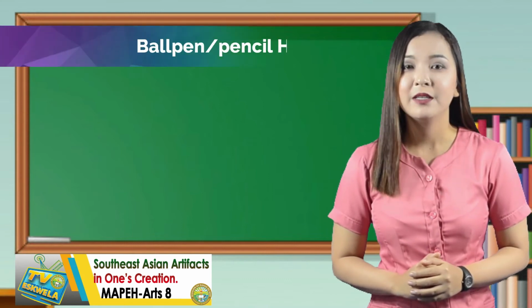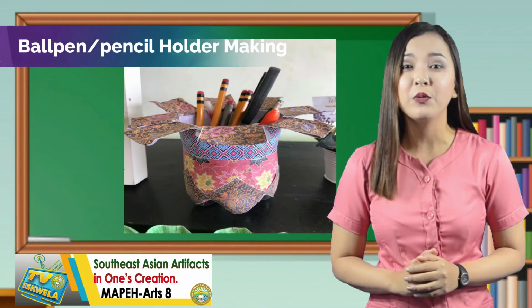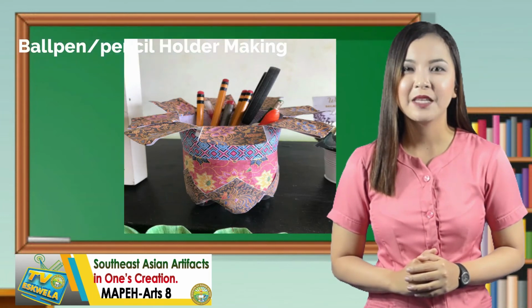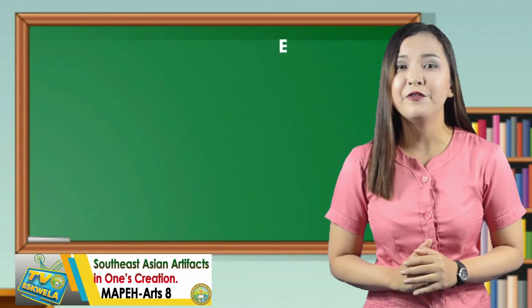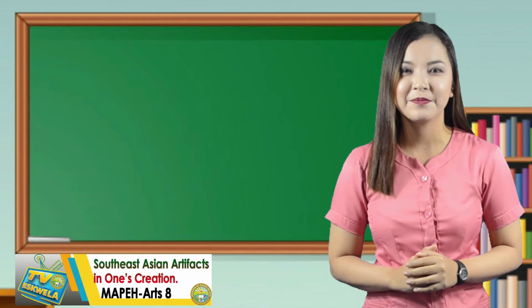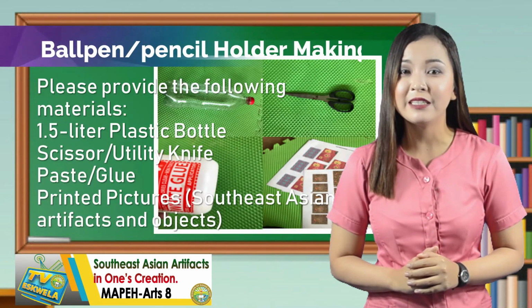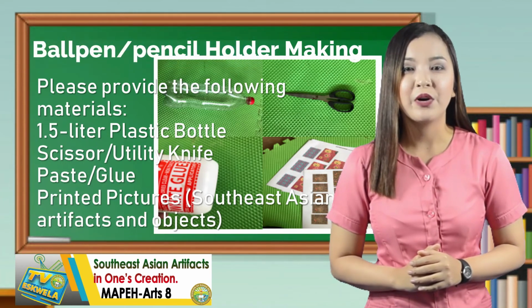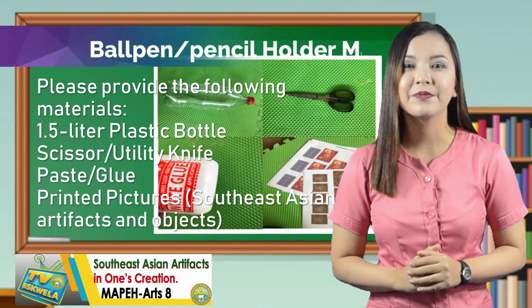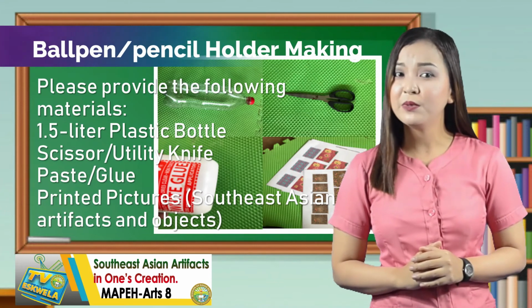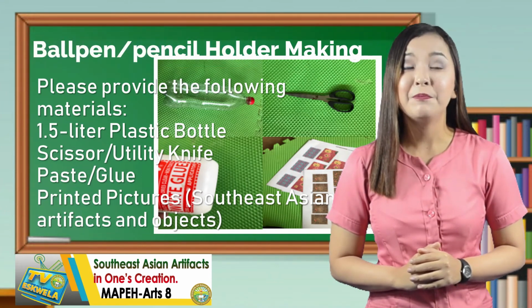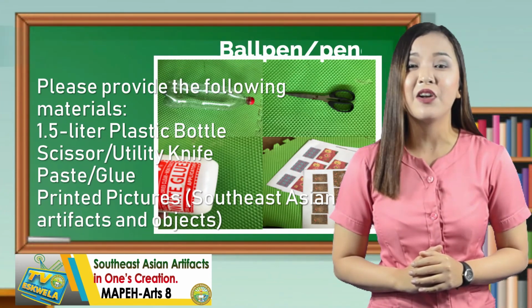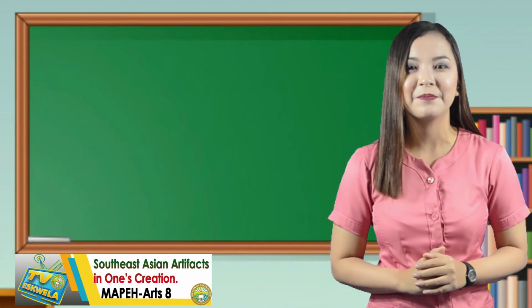This is called ballpen or pencil holder making. Please provide the following materials: 1.5 liter plastic bottle, scissor or utility knife, paste or glue, and printed pictures of Southeast Asian artifacts and objects.